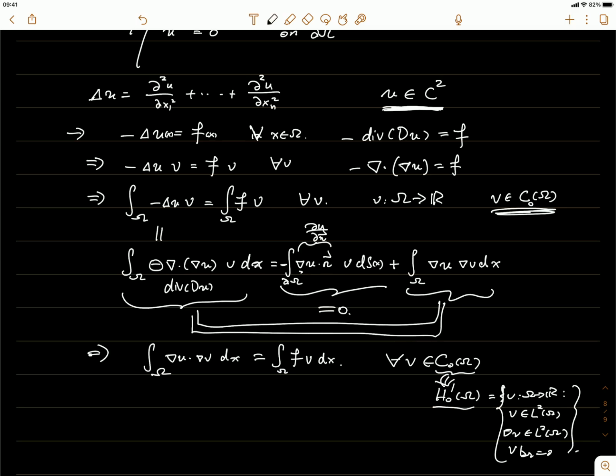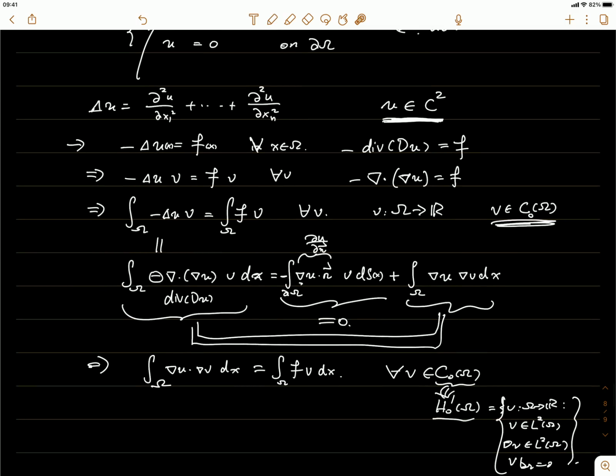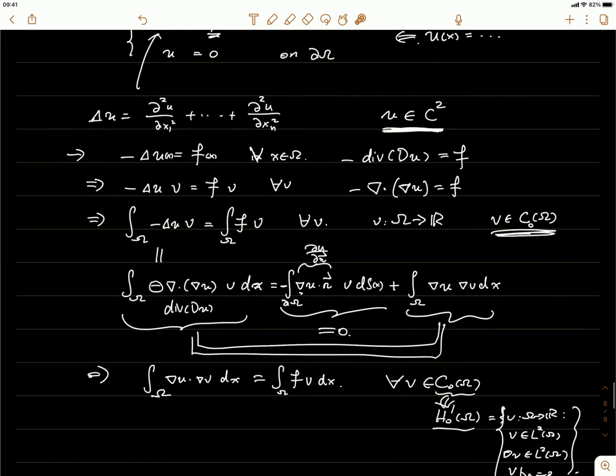So in this case, what we want to do is, instead of looking for a solution that u is in here, we're trying to look for a u that is in a general class, in a larger class, where we only require the gradient of u to exist, or even just require the weak derivative of u to exist.